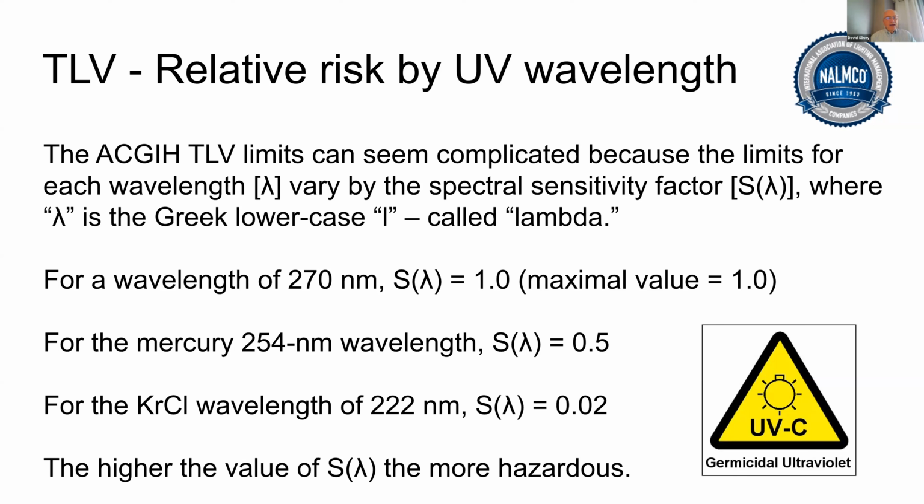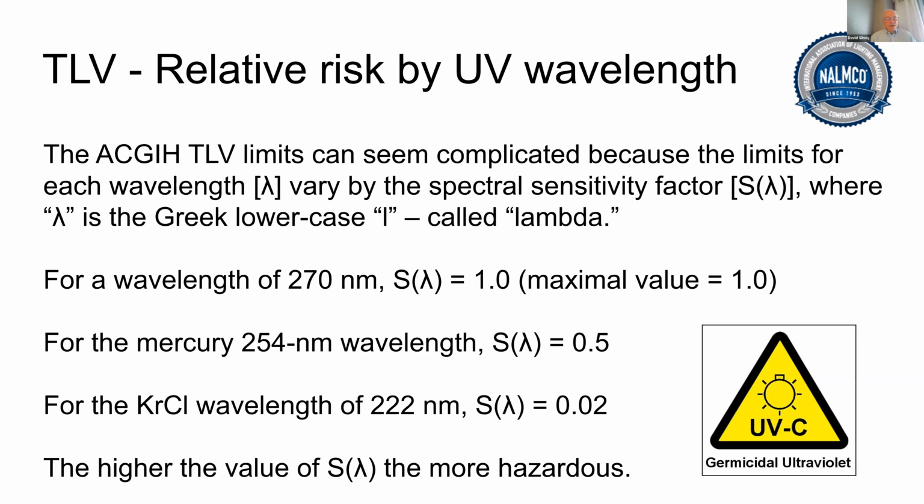Remember then that at 270 nanometers, S of lambda is equal to 1.0, the maximum value. For the mercury 254 nanometer wavelength, S of lambda is equal to 0.5. And for the krypton chloride wavelength of 222 nanometers, S of lambda is equal to 0.02.